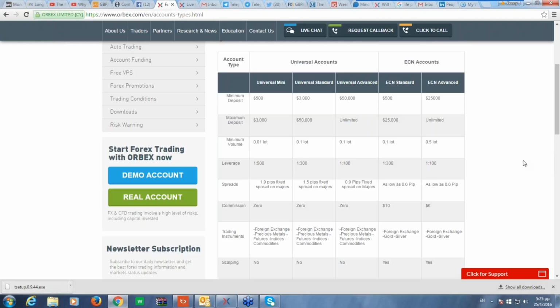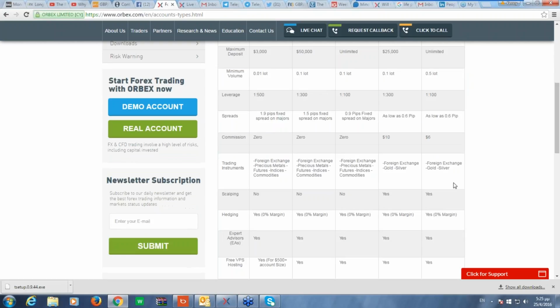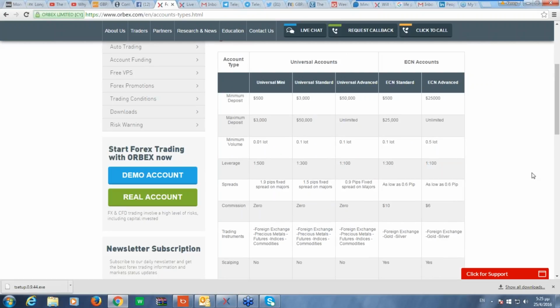Even though the spreads are not fixed, they come directly from the interbank, our liquidity provider, so there's no interference of any sort. So if you don't mind paying commissions, but you want the best possible prices and more freedom to trade with different styles like scalping, then it will be best for you to choose the ECN type accounts as opposed to the universal accounts.